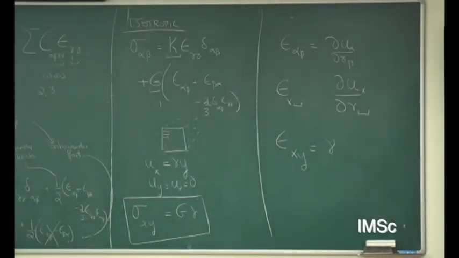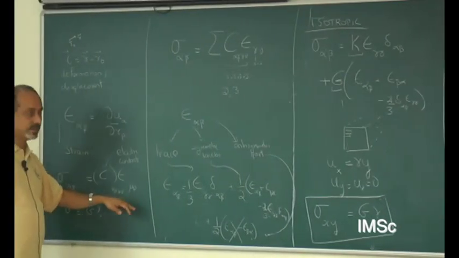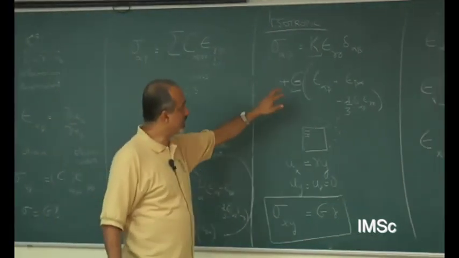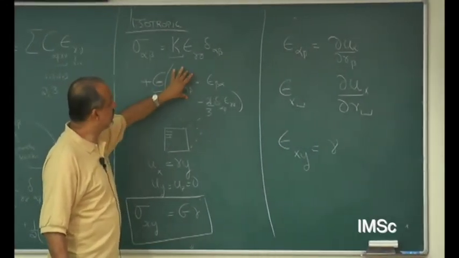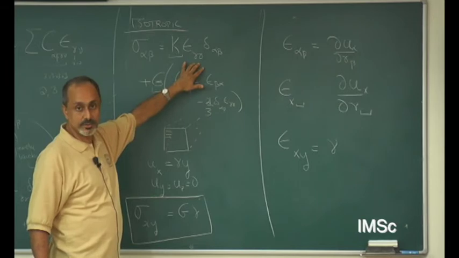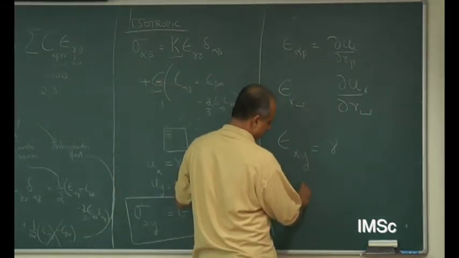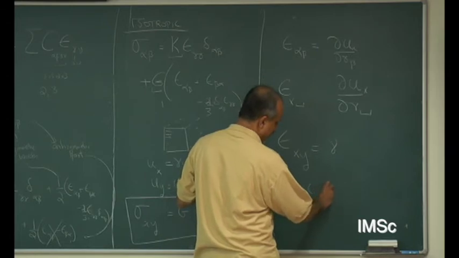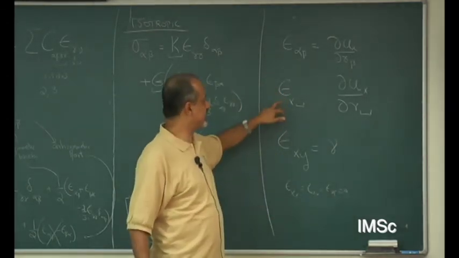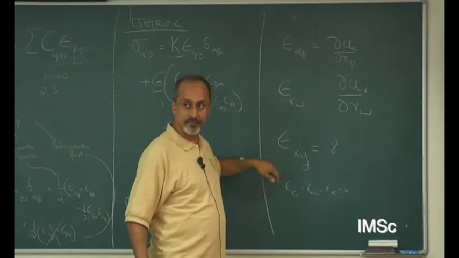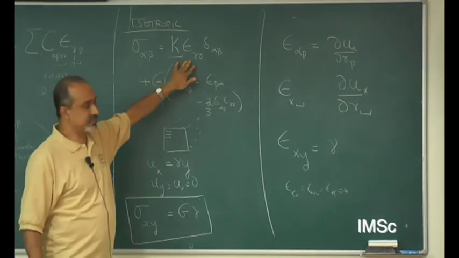Now because I know that sigma xy is G times epsilon xy, I can now go back and figure out what this relationship is. And this will turn out to be G. So this is the only term that comes. Epsilon xx, epsilon yy, epsilon zz, all of them are 0. The only one that is non-zero is epsilon xy. I can take this and now put it back here. Epsilon xy doesn't figure here.